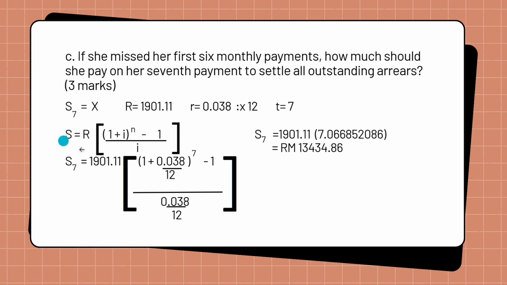S7 equals 1,901.11 times [(1 plus 0.038 over 12) to the power of 7 minus 1] divided by 0.038 over 12. Next, we will get S7 equals 1,901.11 times 7.066852086, and the final answer is RM 13,434.86.